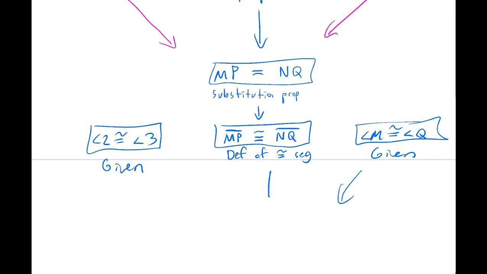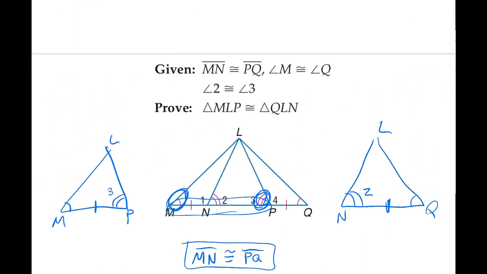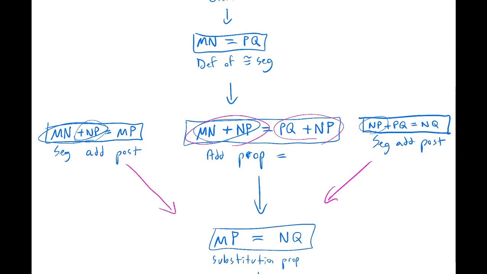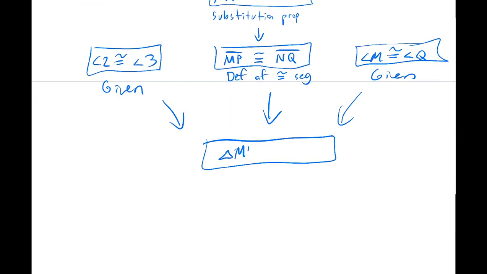Okay, and all three of those combined tell us that triangle MLP, so M to L to P, is from one arc to nothing to two arcs, that would be QLN. Sure enough, that matched. So MLP, QLN, and that was by angle-side-angle, triangle congruent.